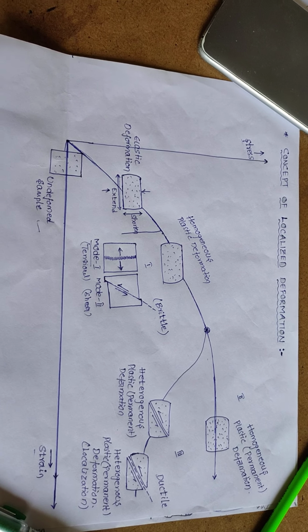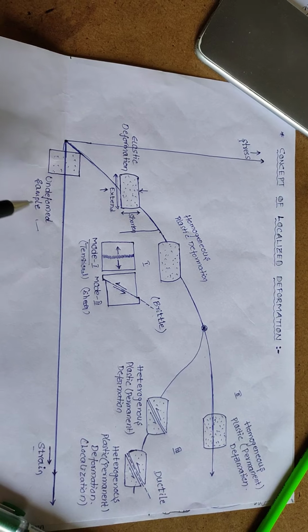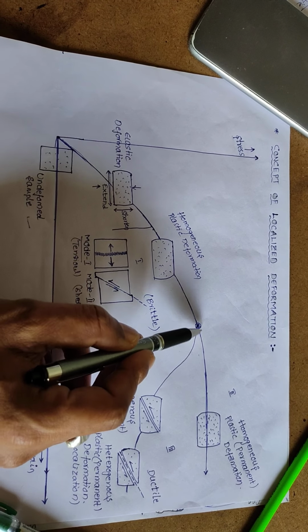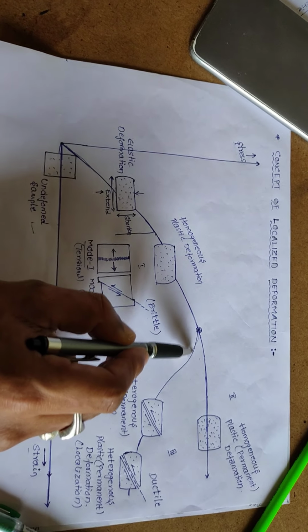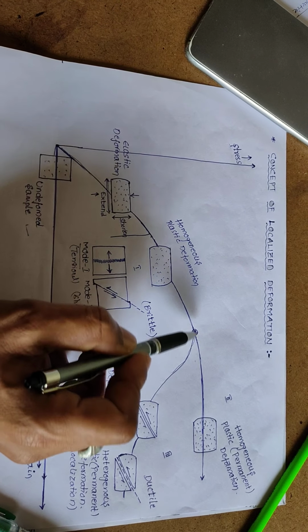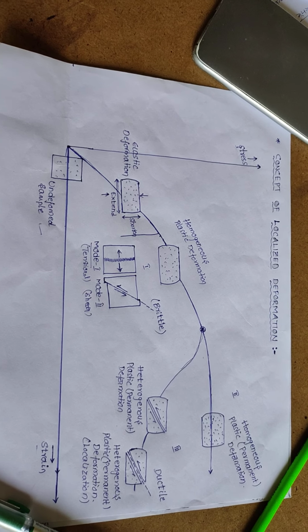Now if the deformation happens as a continuous process, it happens in two ways: hardening on one side and softening on the other. I have discussed hardening, which is a continuous process.